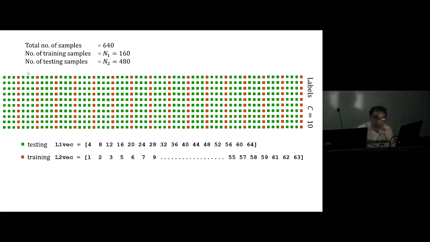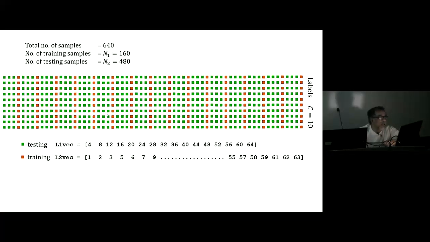So I'm training using less number of data points. Okay. So training sample indexes would be 4, 8, 12, 16. So this vector and this vector I've swapped. Sorry about that. Okay. So once again, the training samples are only 160. The testing samples are 480.